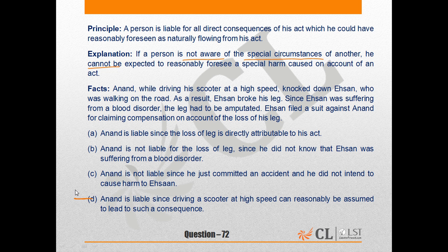Hence, D cannot be the answer. The correct answer is option B, that he is not liable for the loss of leg since he did not know that Ehsan was suffering from a blood disorder.